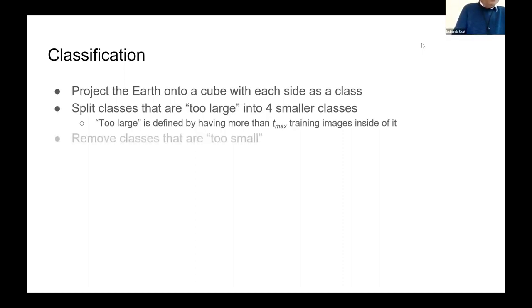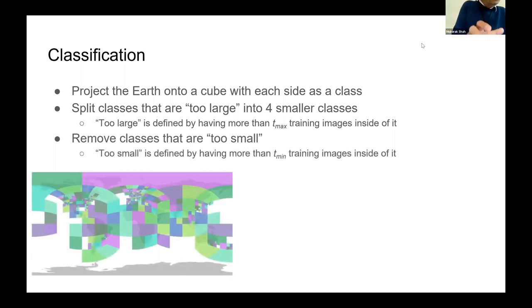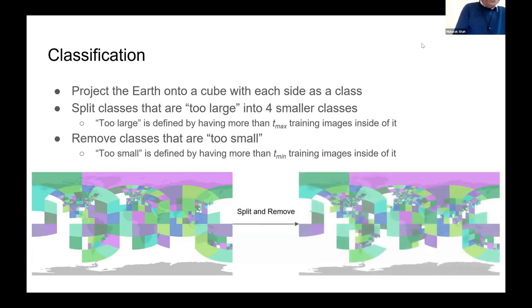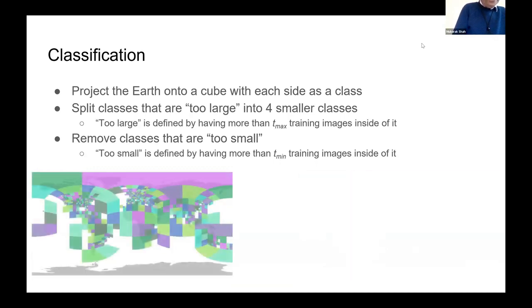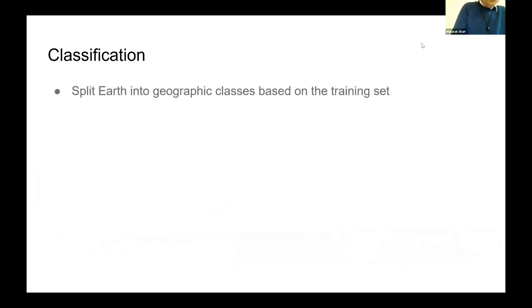If a class is too large, we can divide further, and we remove the classes which are too small, and so on. We can keep going. It will look like this: these are little classes on the whole Earth, and we can split and merge, and it becomes like this. We can keep going and have very fine classification, small cells. So that's the classification approach.